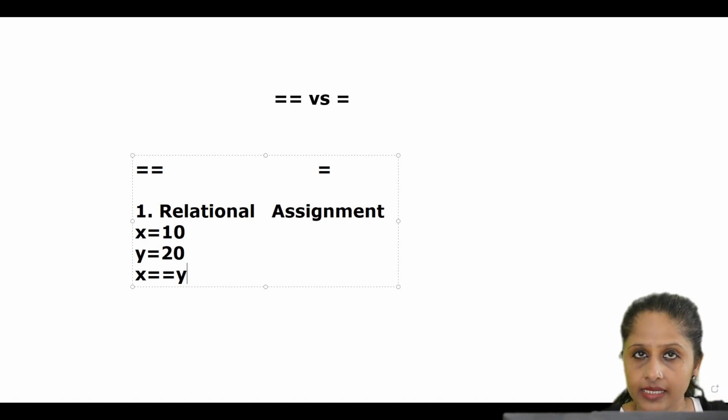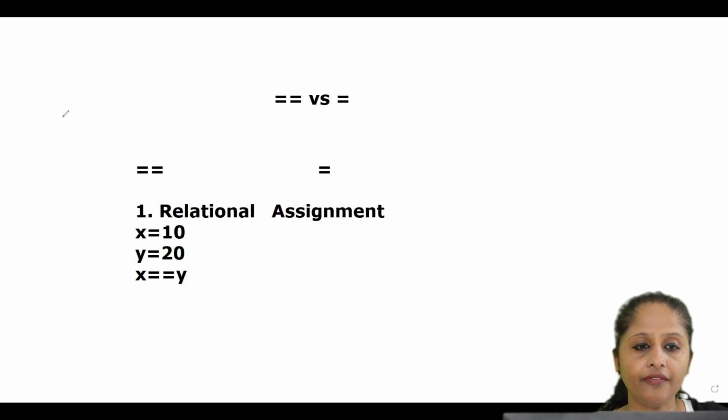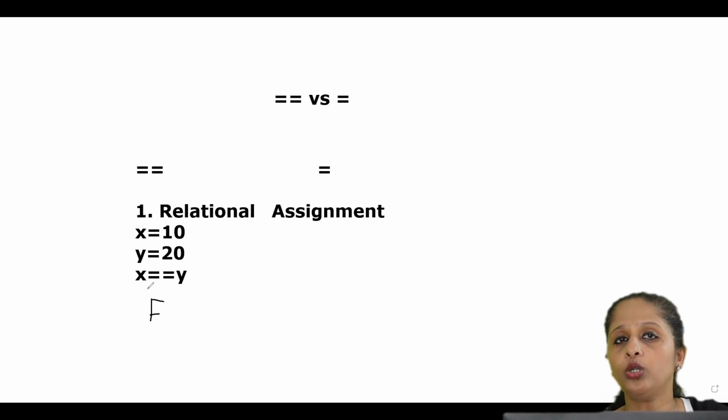The value of x is 10 and the value of y is 20. So 10 equal to 20? No, it is not equal. So it returns a false value. That is, the double equal to statement returns a boolean value, false or true.